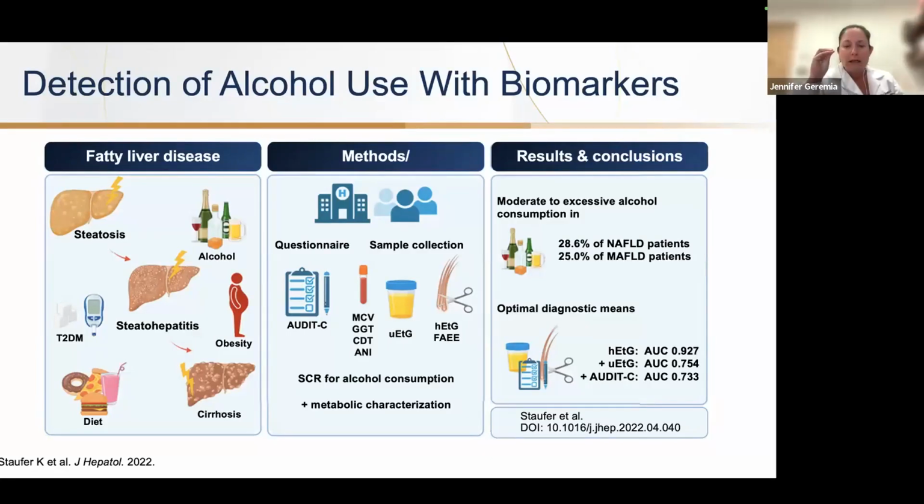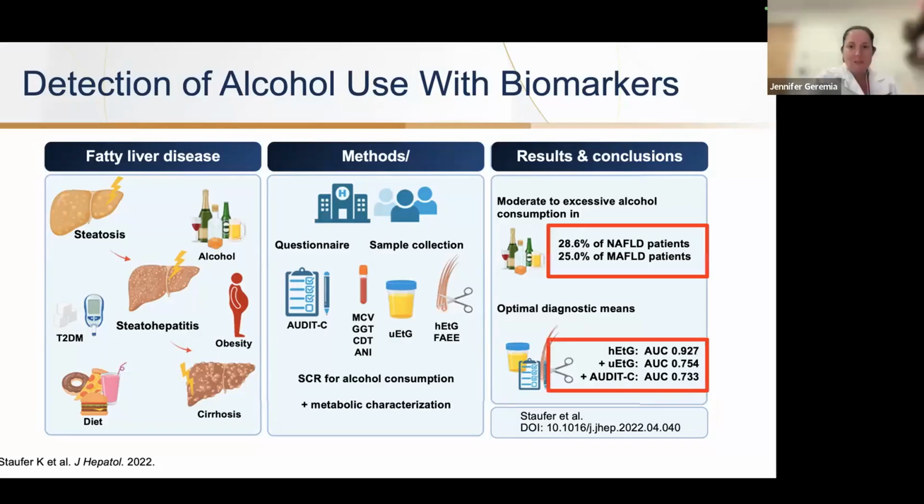And so in the diagnostics, AUC is area under the curve if you're a statistician, and you want it to be as high above 0.5 as possible. So the hair ETG, not surprising that it's higher because it sticks around for a long time. So it's got some longevity there. The AUDIT-C is a patient-reported outcome. So, patients are not always forthcoming as far as that analysis.